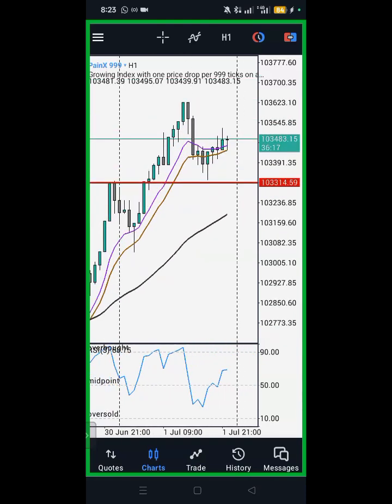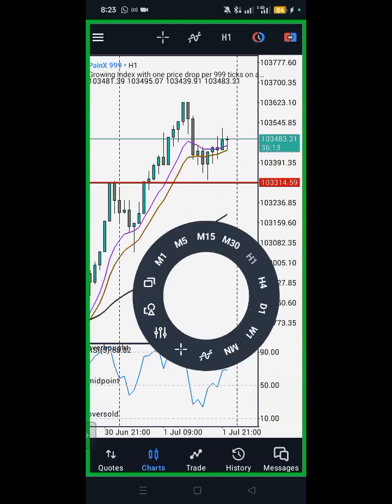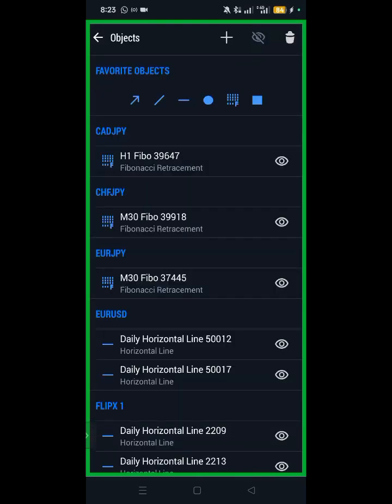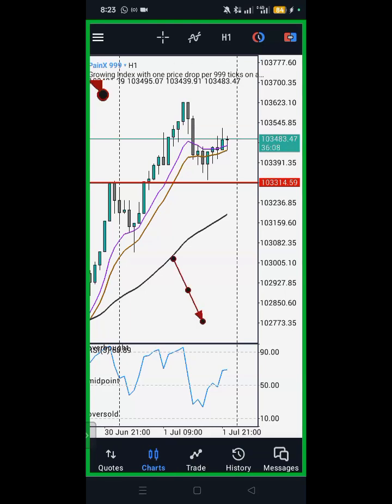Now, what happens today? The market came down. Now, instead of this candle forming the reversal up here, it formed downward, cutting across the moving average. And remember, I told us that moving average can also serve as support and resistance.